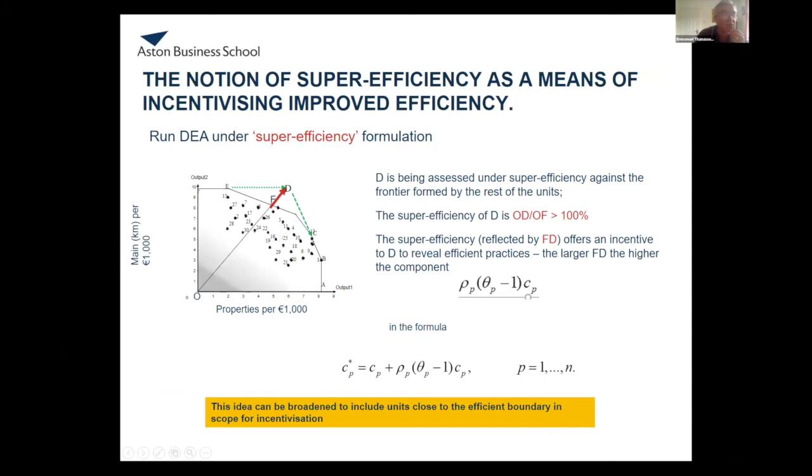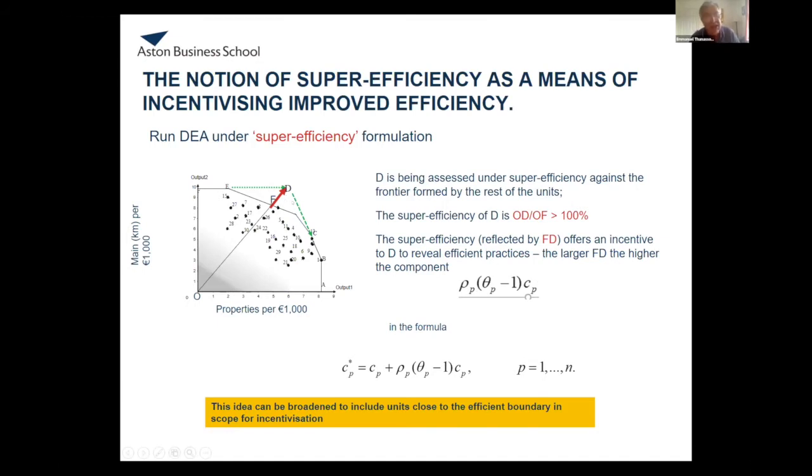So if you assume your data point was like that, then it included D, but then when it came to assessing each company, but let's focus on D, instead of assessing inclusive of D within the set, you assess D relative to the frontier formed by the rest of the companies. Then the red arrow here shows you a distance between D and the frontier formed by the rest of the companies.